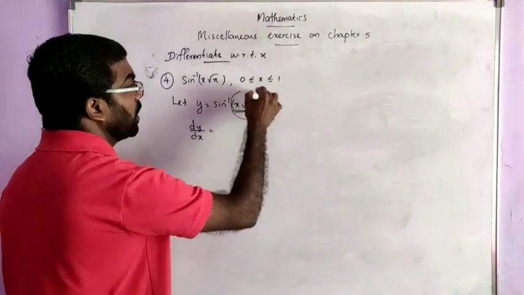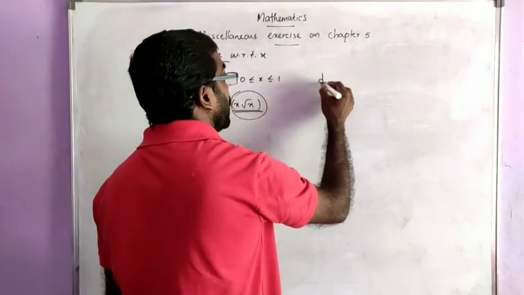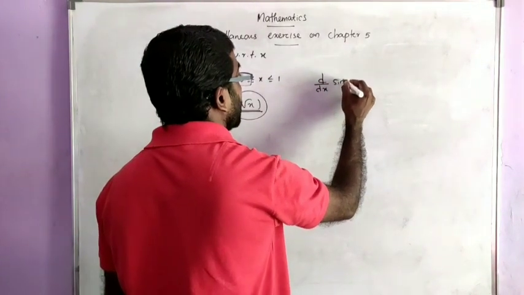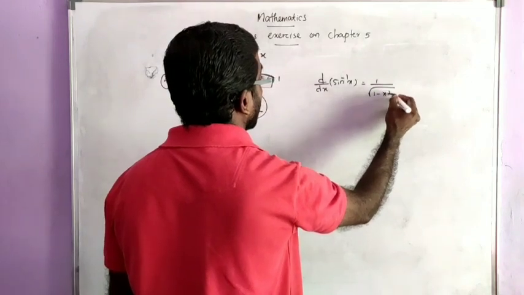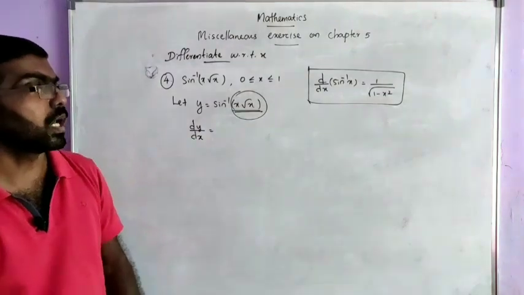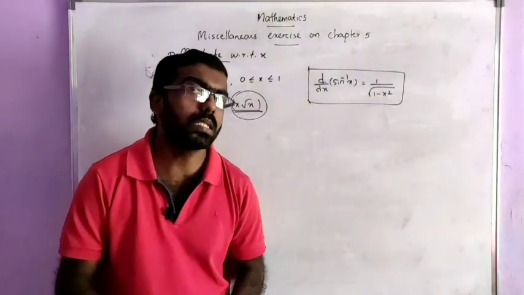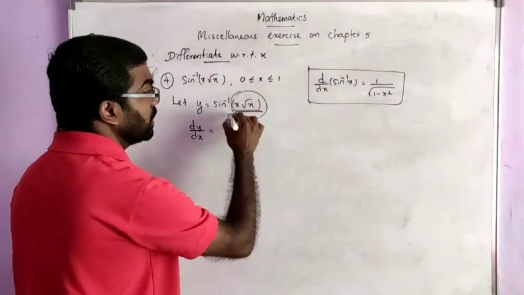So this whole term can be treated as x in sin inverse x, and we all know the derivative of sin inverse x is what? 1 by root of 1 minus x squared. Okay, the derivative of sin inverse x is 1 by root of 1 minus x squared. Here instead of x the term is x root x.